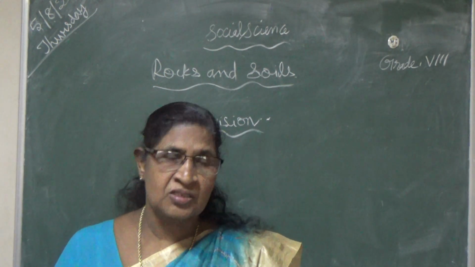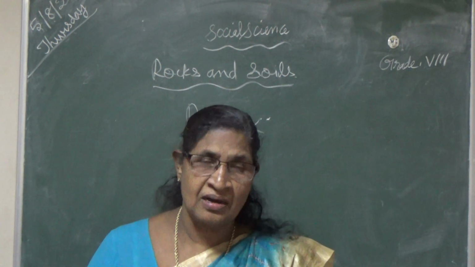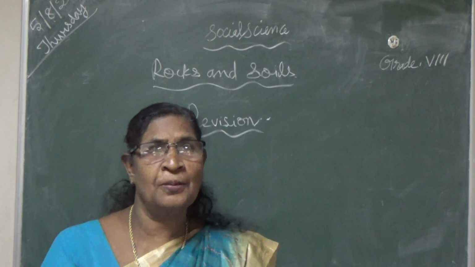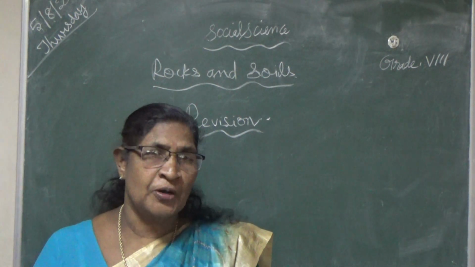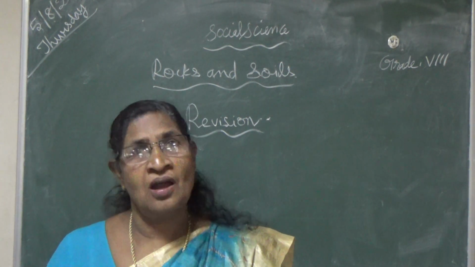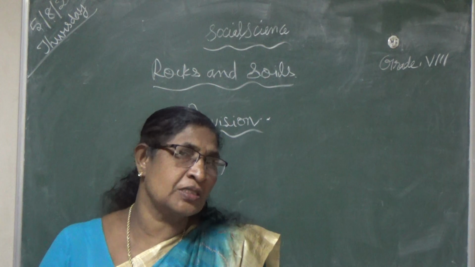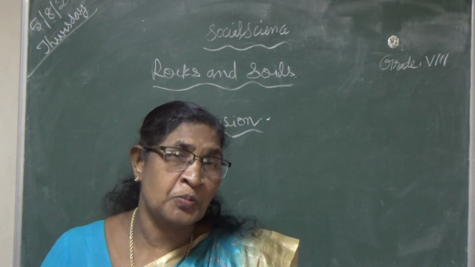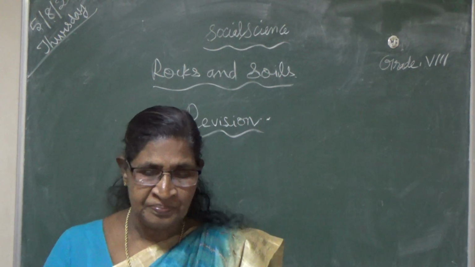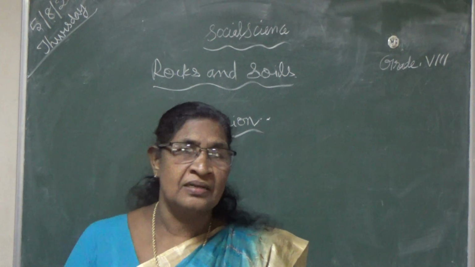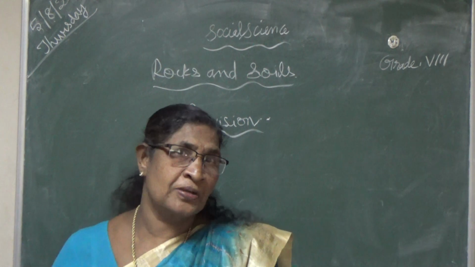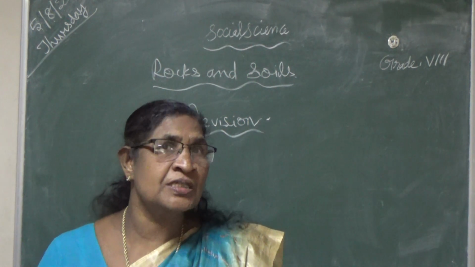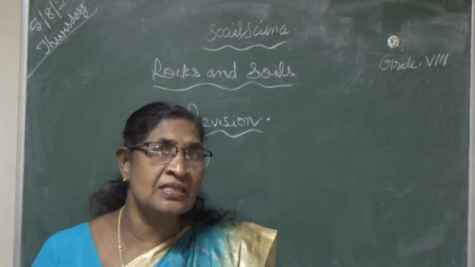Then soil conservation. Conservation means protection. What is soil conservation? It is the process of protecting the soil from soil erosion. Protecting the soil from soil erosion is called soil conservation. Then in what ways can we stop soil erosion and conserve the soil?